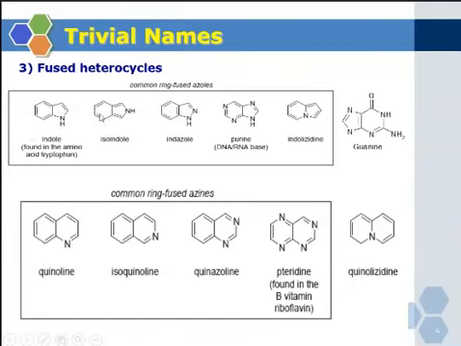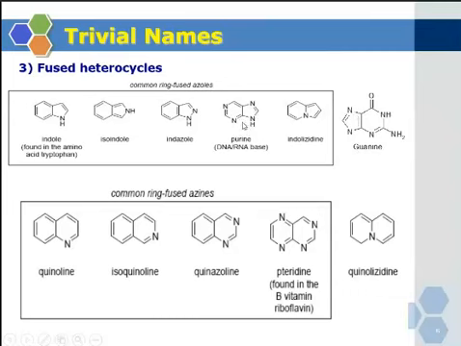Here, the site of fusion has been changed and the structure is called isoindole. Similarly, we can see structures called imidazole, purine. Likewise, indolizidine, and here a purine base or guanine. Here we have taken the example.